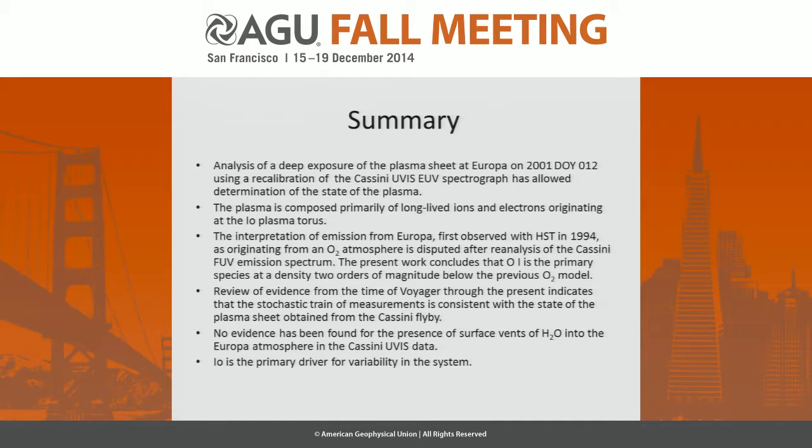And we don't find evidence for H2O as a source in what we're looking at. That is H2O in an atmospheric state. And the conclusion here is that Io is the primary driver for what's going on.